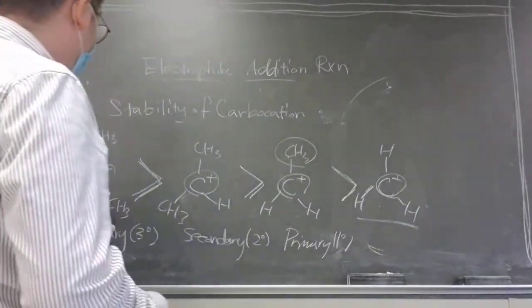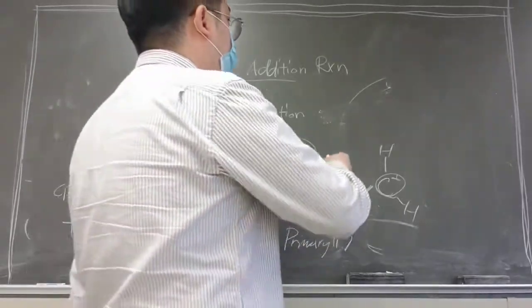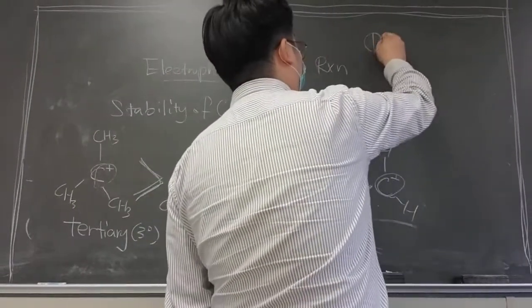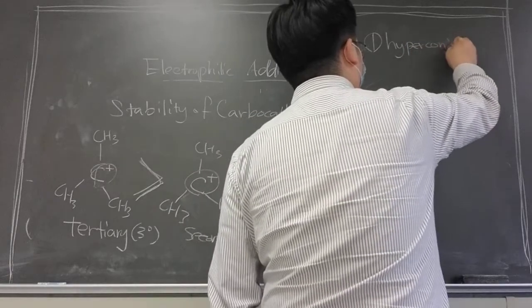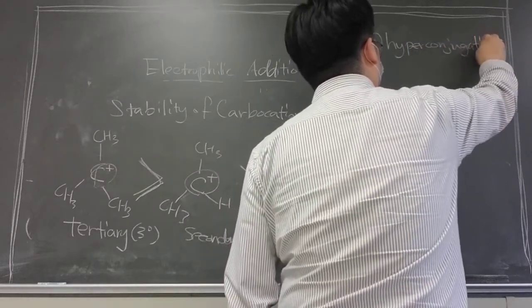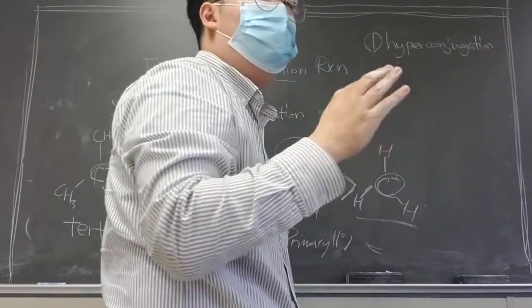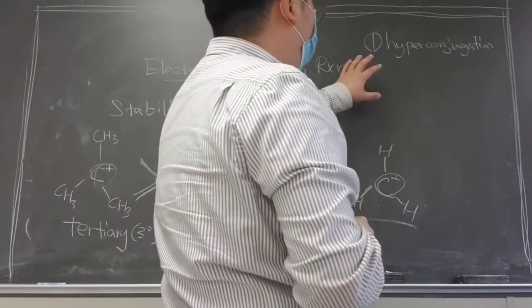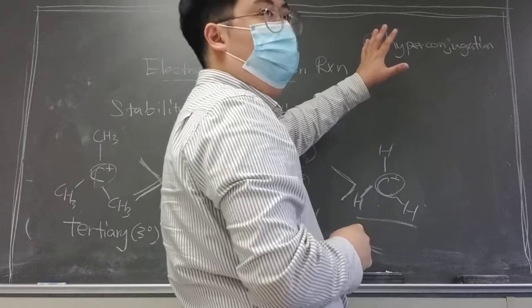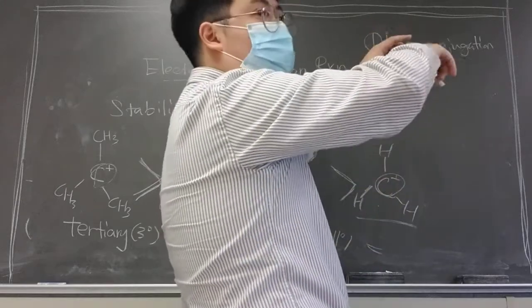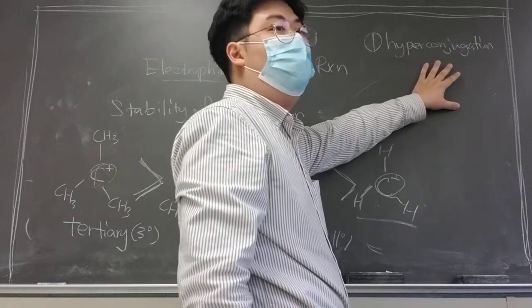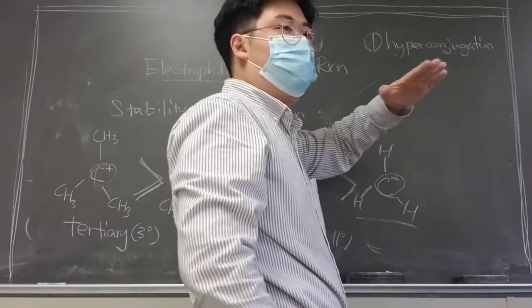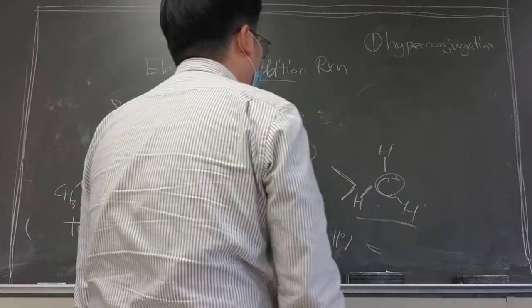We have this stability order because of, first, hyperconjugation. It's pretty much the same as what we did for the alkene, with only one difference: it's the p orbital instead of the pi bond, interacting with the hydrogen-carbon sigma bond, because they're also in a similar plane.